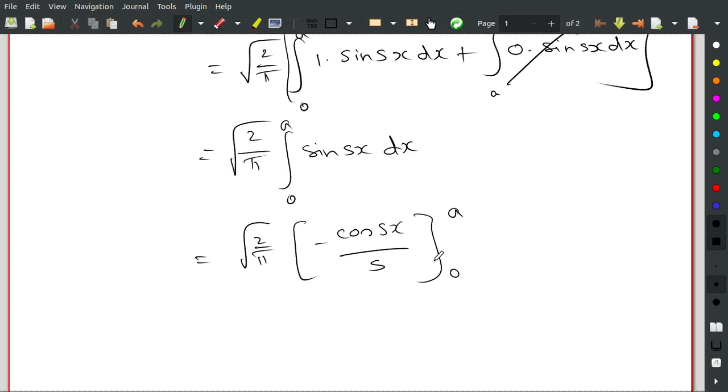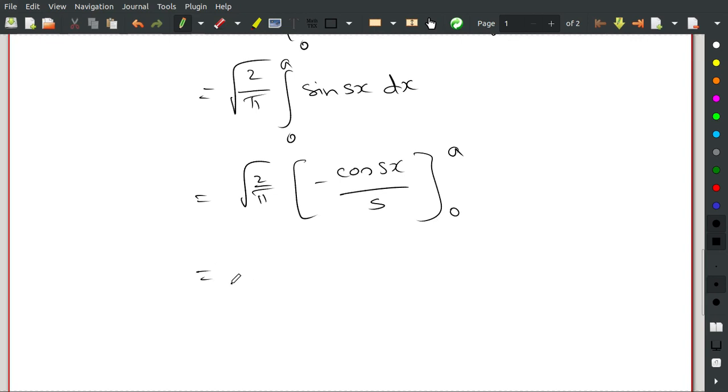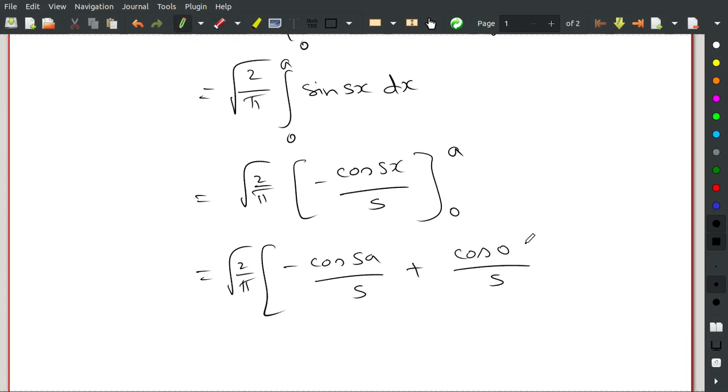If we substitute the upper limit, with root 2 by pi as common, we have minus cos sa divided by s, minus minus of minus plus cos of 0 divided by s.